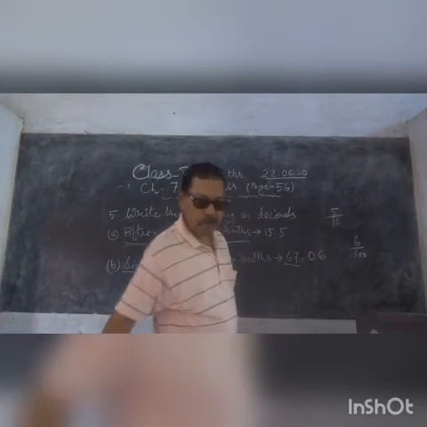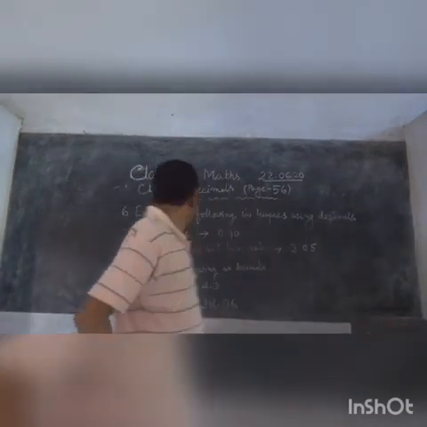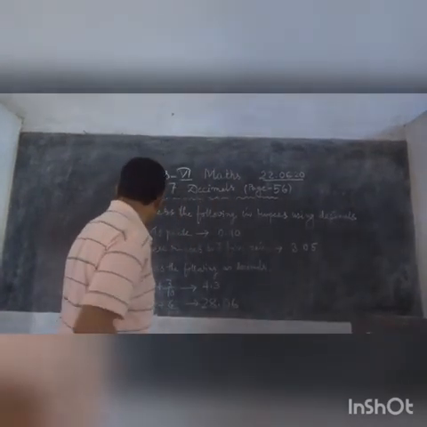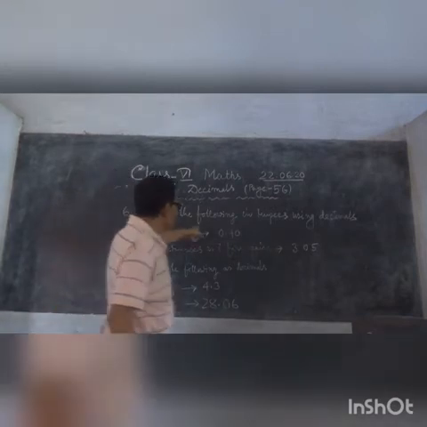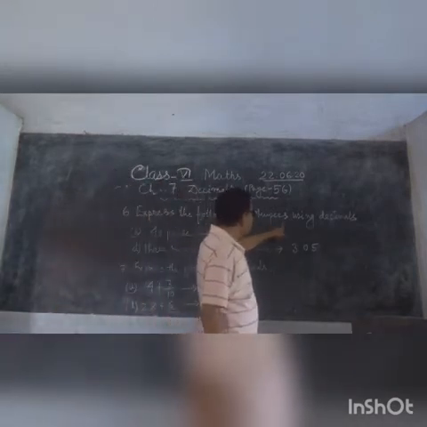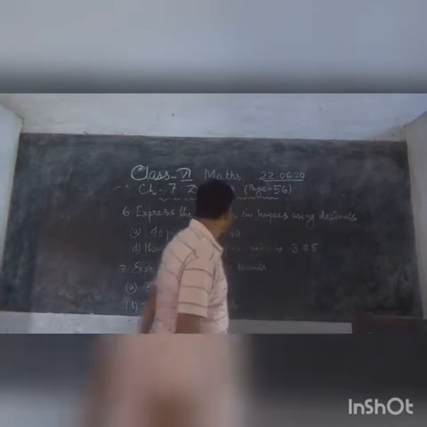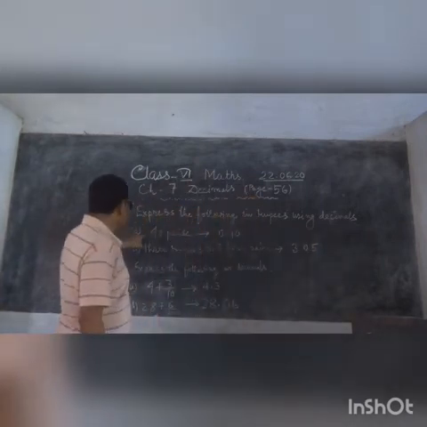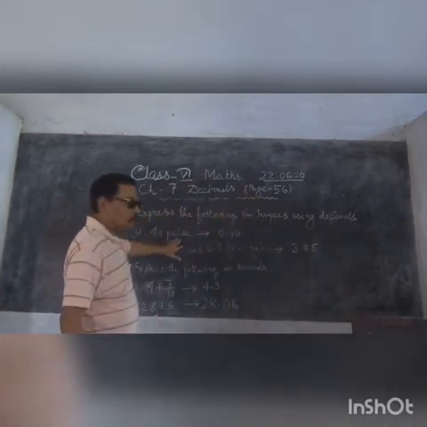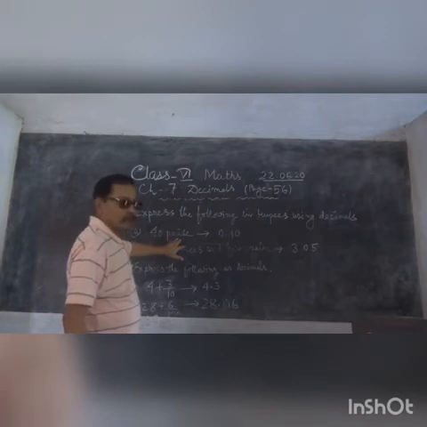Next, number 6. Express the following in rupees using decimals. 40 paisa. We know that 100 paisa make a rupee.